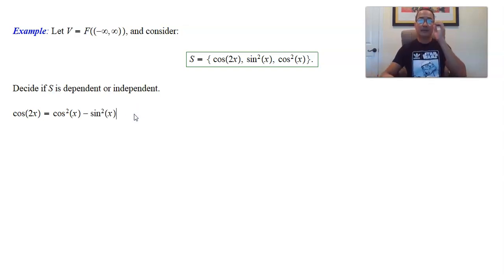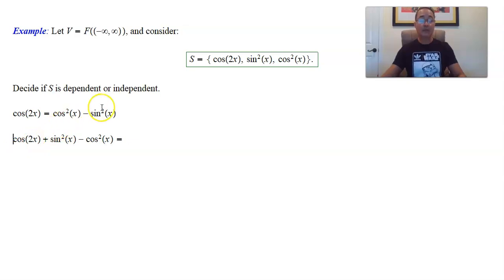That's the formula for cosine 2x. So how can we rewrite this so that we get a linear combination of these three functions? We can write that as cosine 2x plus sine squared x, our second term, and then minus cosine squared x, our third function.